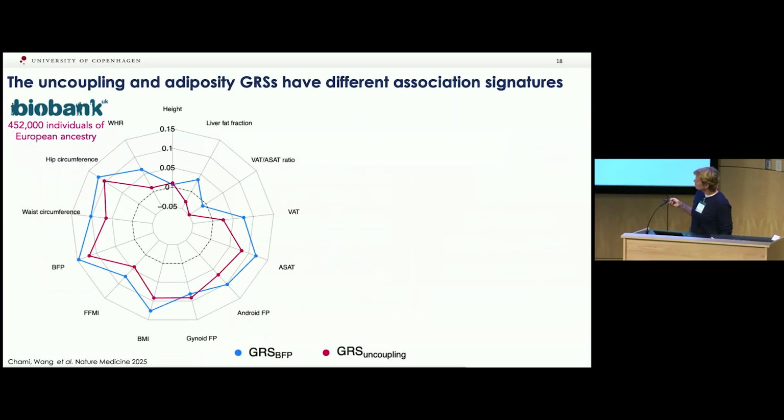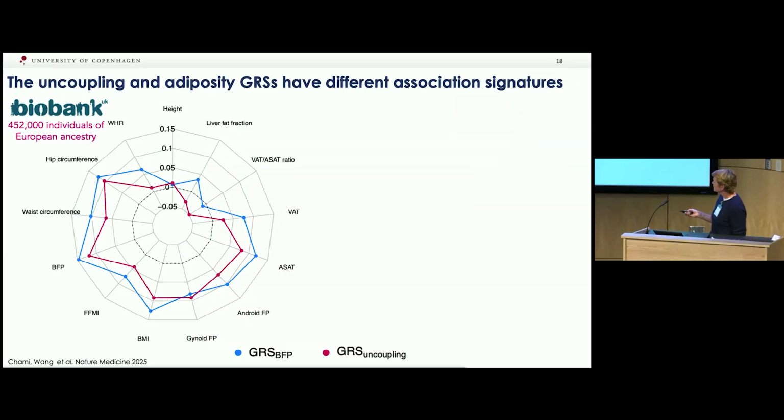So just to confirm, we then made a score of these 206 loci. So we have the uncoupling score, because we really look at how adiposity is uncoupled from these cardiometabolic risk factors.